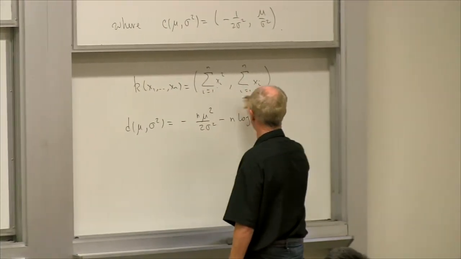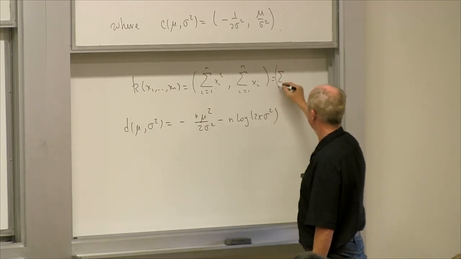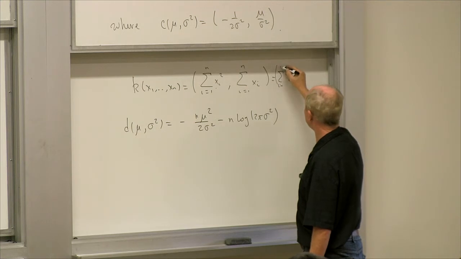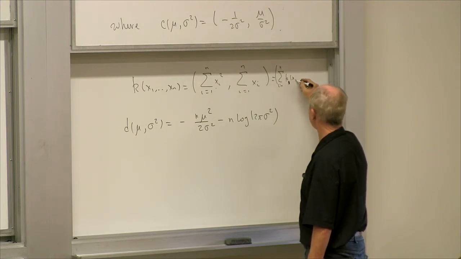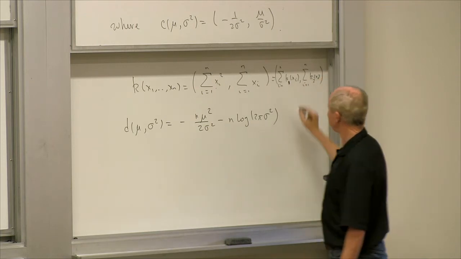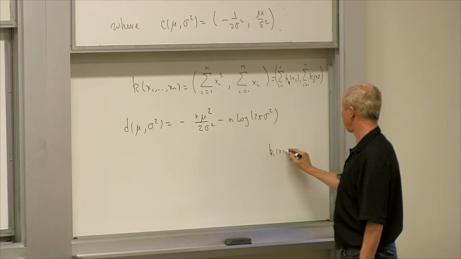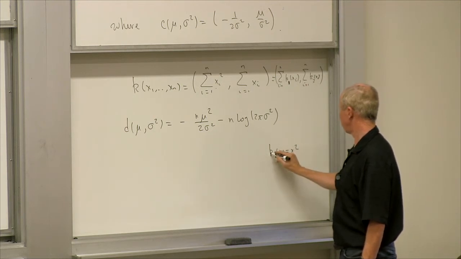maybe I could call this the sum from i equals 1 to n of k1 of xi, and the sum from i equals 1 to n of k2 of xi, where k1 of x is x squared, and k2 of x is x.